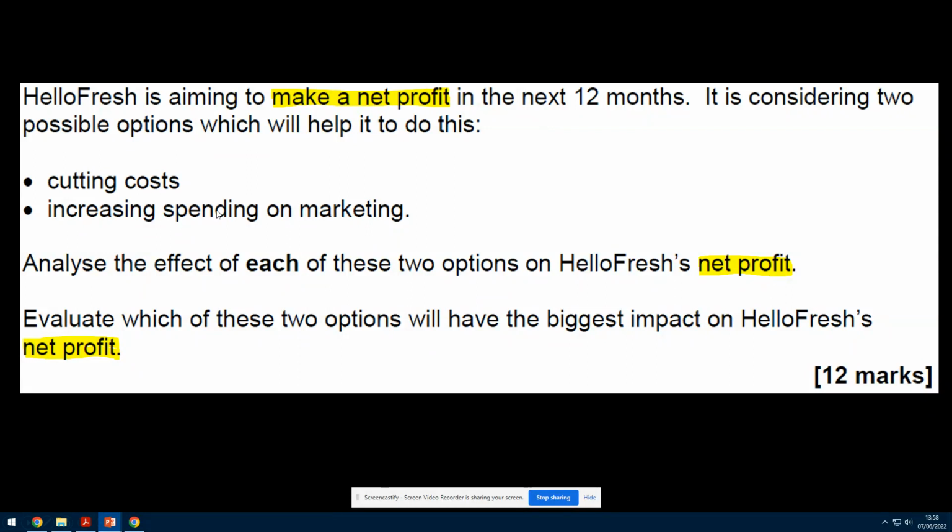That's what they're trying to do. The second paragraph is going to focus on how increasing spending on marketing might do the same thing, how it could affect their net profit. That's how I would go about doing those first two paragraphs. And then the evaluation is going to be whichever one you think is better and why.